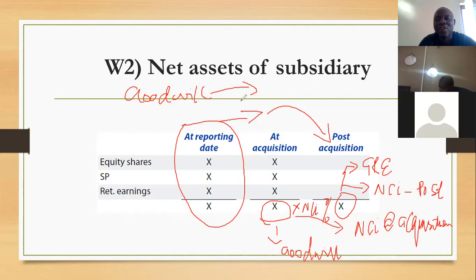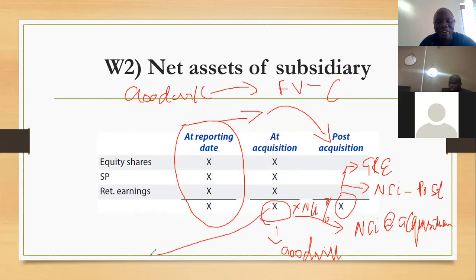Okay. So on goodwill, remember that when we go to the third computation, I'm just giving you a preview of what we'll be looking at. On goodwill, we normally pick the fair value of consideration, or what you actually call cost of investment. Then you pick this percentage here on the NCI, then less the net assets.